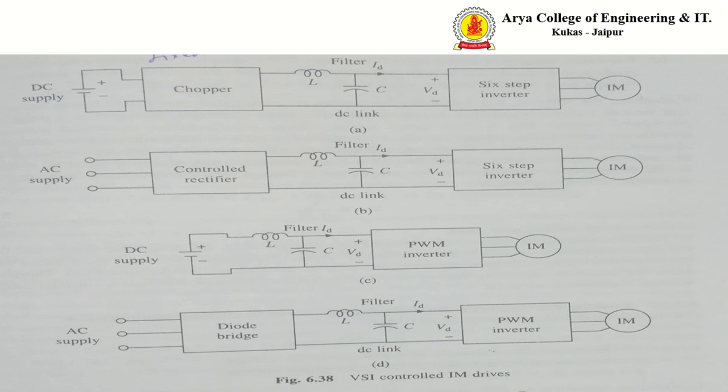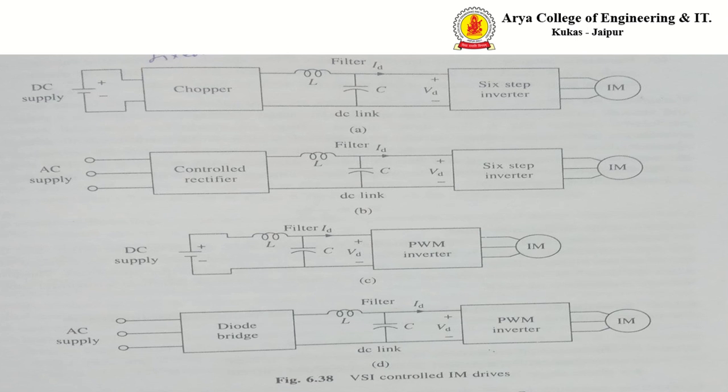In this figure, a total of 6 thyristors are used. Each thyristor is connected in parallel with a diode, and 2 thyristors are connected in series in each phase. For three phases, 6 thyristors are used, and 6 diodes are also connected in parallel. The supply is a DC supply.